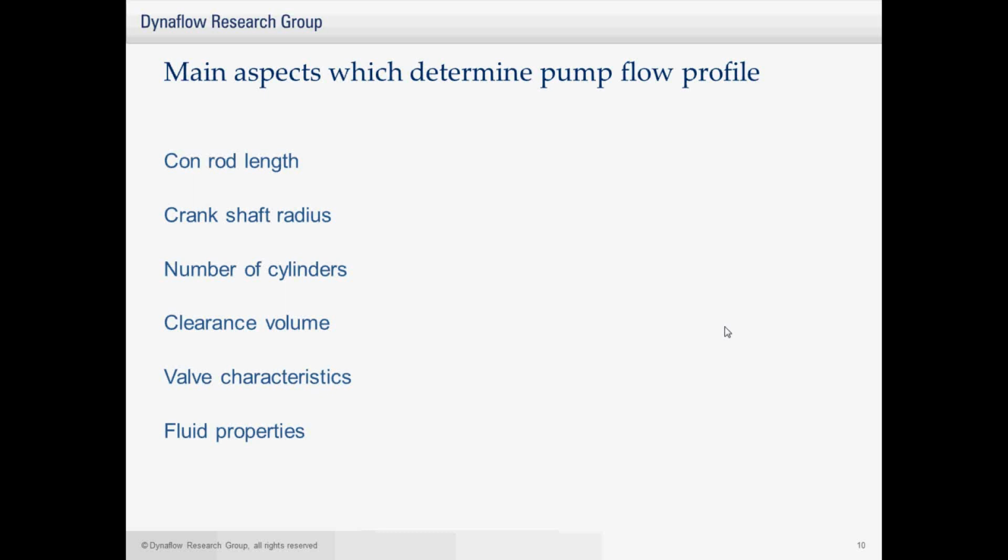But there are other aspects which make up the flow profile, which are also the conrod length and the crankshaft radius, which cause the flow profile not to look exactly sinusoidal. Also the number of cylinders, of course, the clearance volumes I just talked about, and also valve characteristics. These are a lot more detailed problems and many times they're not included in an analysis, and also the fluid properties.